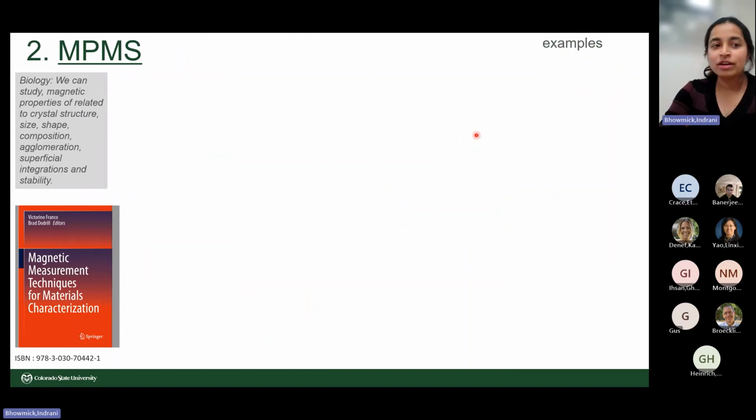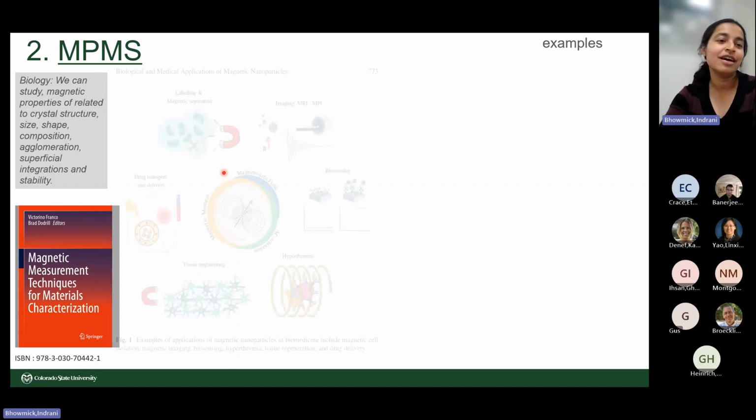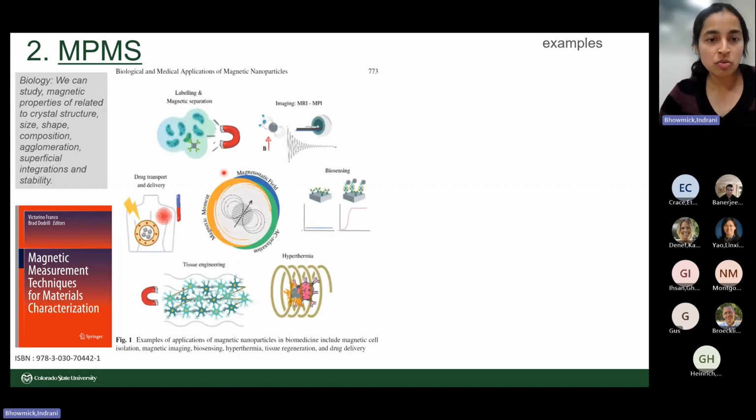We always want to know what the biological applications are, or where these are important, because we are human beings and we like to know where it applies in our real life. So there are some examples where the instrumentation can be used for identifying different types of magnetic nanoparticles or magnetic molecular level particles.